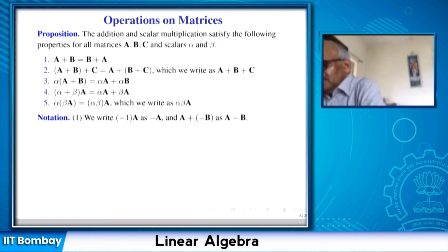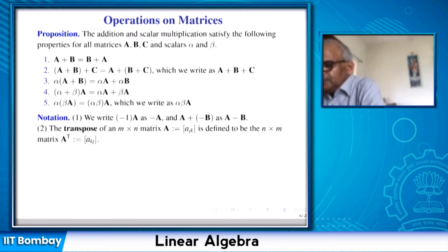Similarly, A plus minus B, we will write A minus B, and we understand that this is the sum of two matrices, A and minus B.